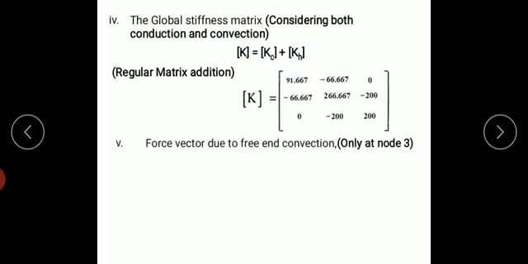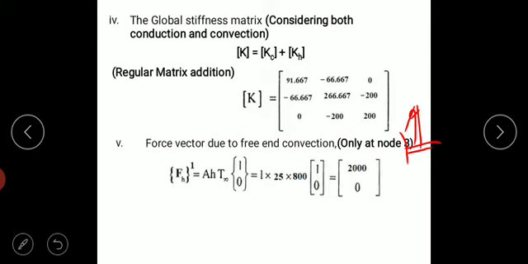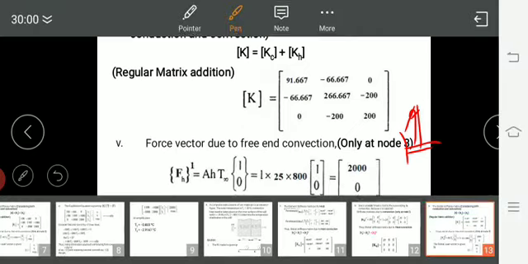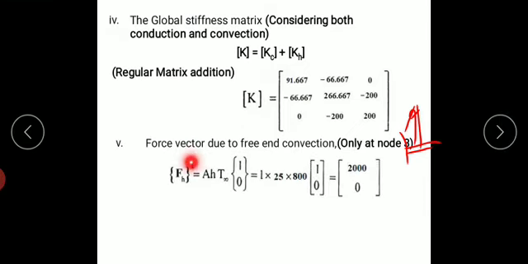Same thing for the force vector. Here also, force vector due to free end convection only at node 1. Sorry, here it is not node 3, this is node 1. I have specified it is 1.